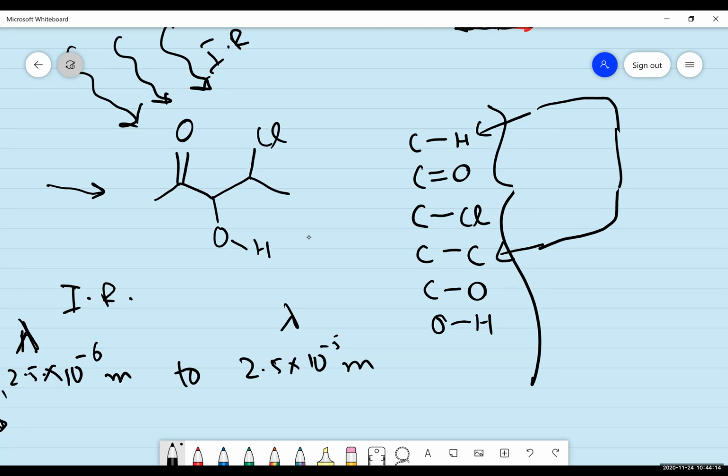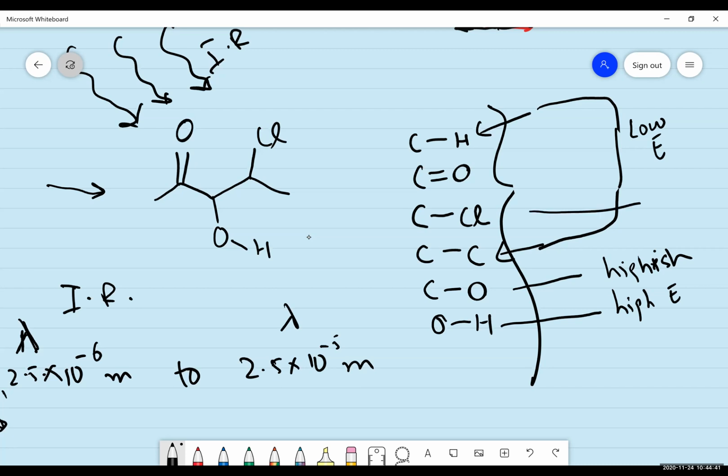CH and CC bond, will they vibrate at lower energy or higher energy? Lower energy, right? And similarly, OH will vibrate at high energy, right? And CO will also be relatively high-ish, but OH will be the highest, right?